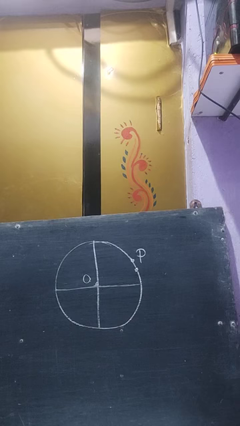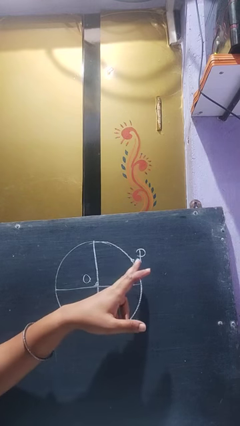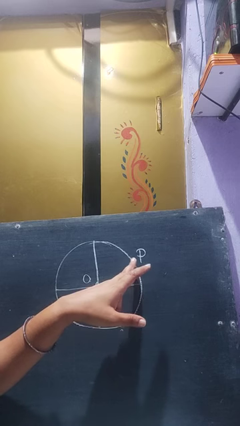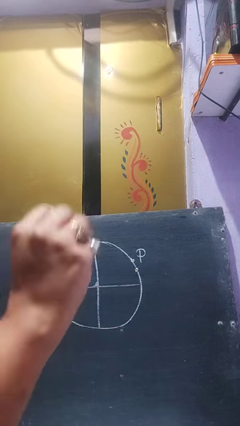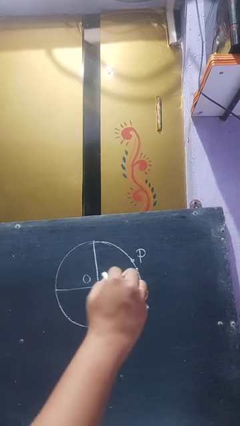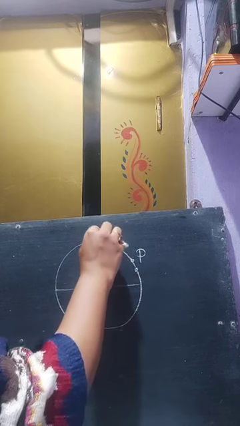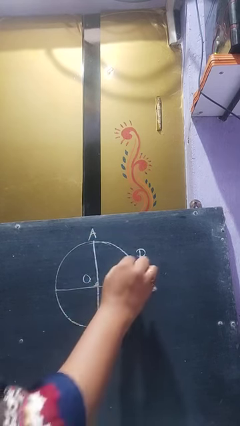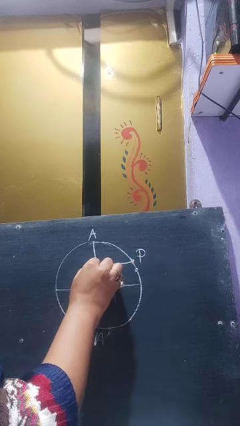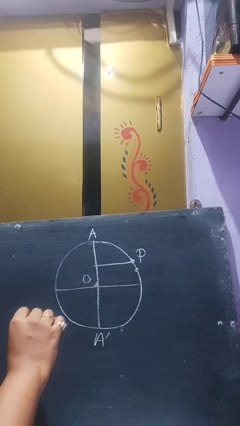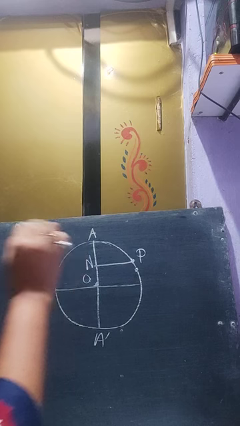When the particle is at the point P, the foot of the perpendicular drawn from the particle on the diameter A dash A is the projection. I am drawing this perpendicular, and this is PN.